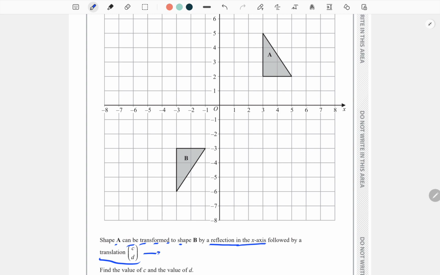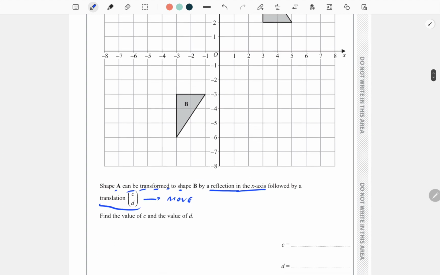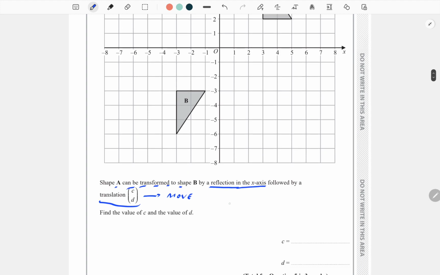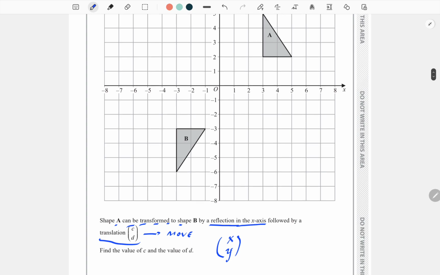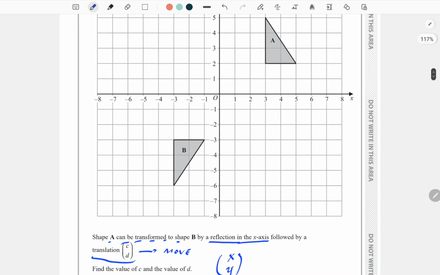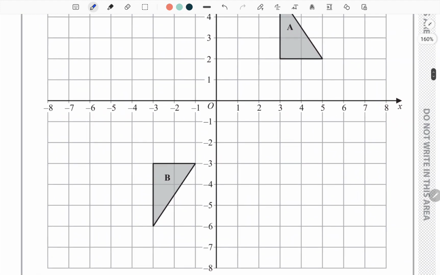Translation means move. And remember that the top one is always X and the bottom one is always Y. Let's see what happens when we first reflect it in the X-axis. So zoom back out again and let's see what we can do.